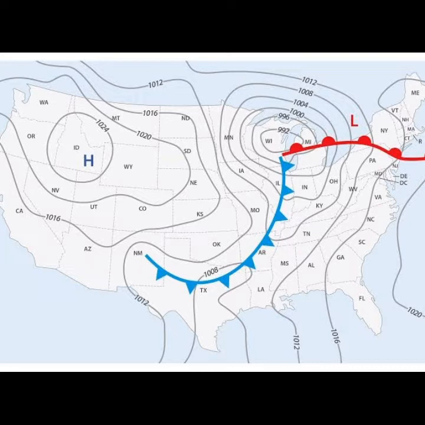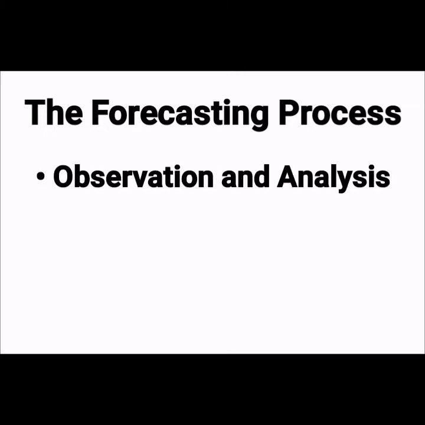Also on a synoptic chart are the lines, triangles, and semicircles representing fronts. The triangles are the cold fronts and the semicircles are the warm fronts.